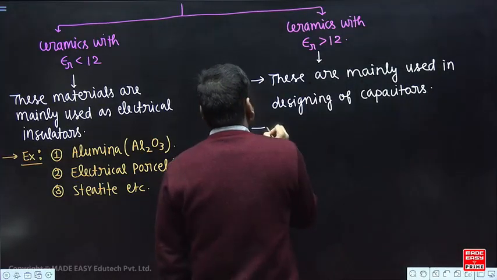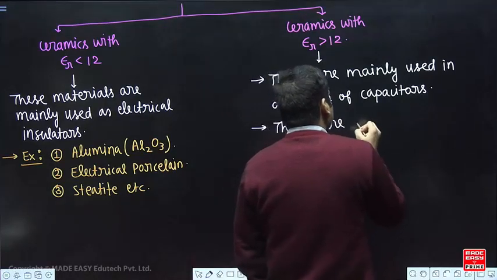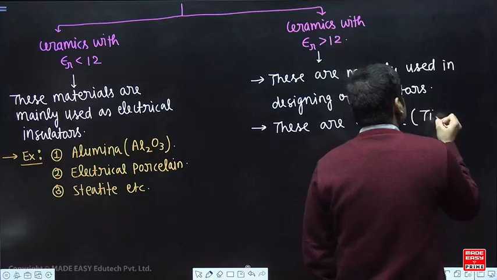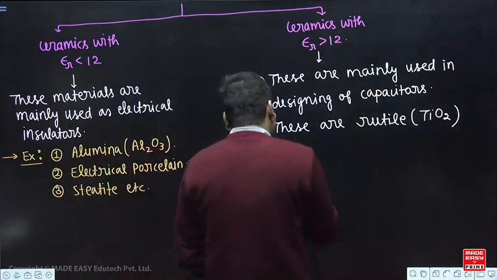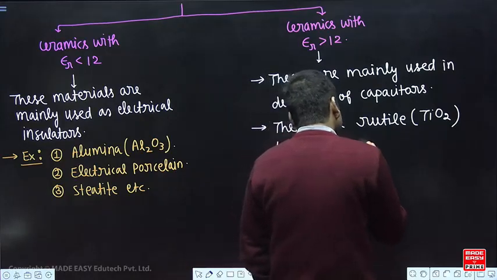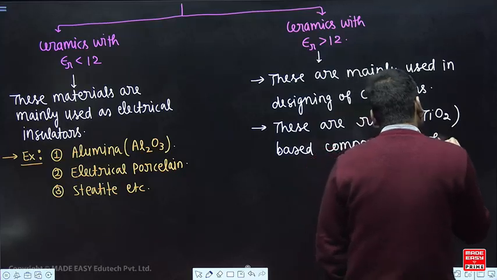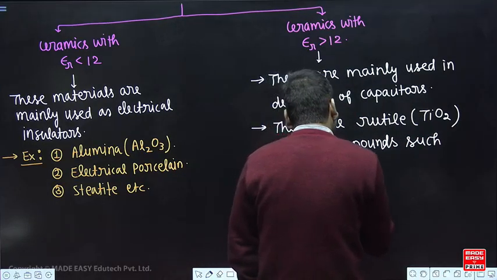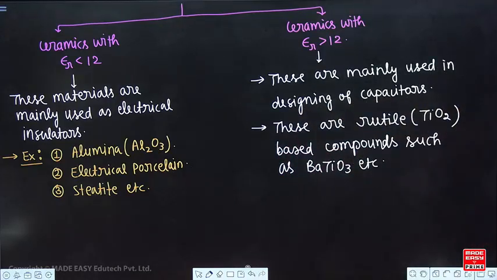These are rutile based, rutile, that is TiO2. If you recall, I told you, very high dielectric constant. Rutile based compounds such as BaTiO3, etc. If you see, it is BaO plus TiO2, that is BaTiO3.